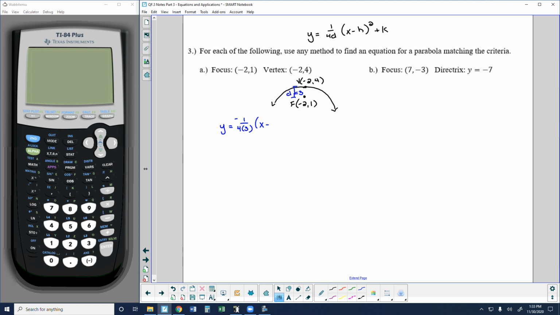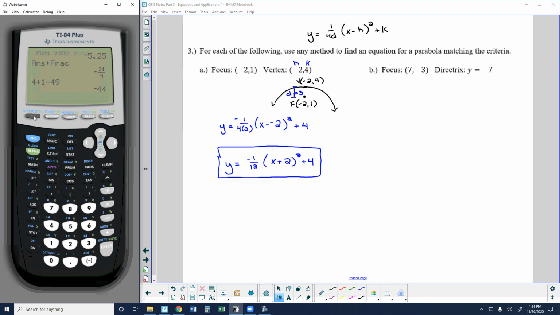Remember, h is the x value of my vertex, so x minus -2 quantity squared, plus k. Remember, k is the y value of my vertex. Here I can substitute each of the pieces, and now I can simplify: -1/12 times the quantity x plus 2 squared plus 4.